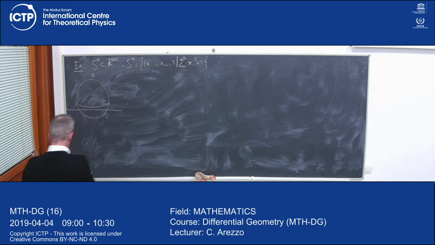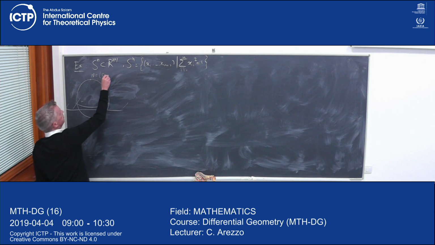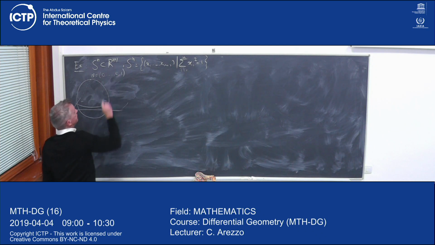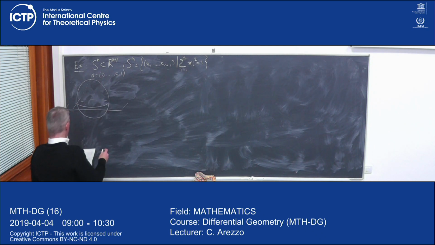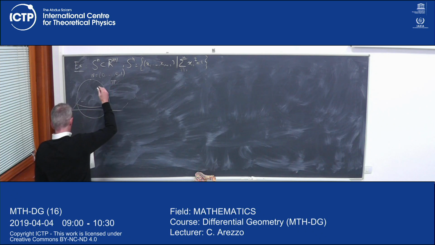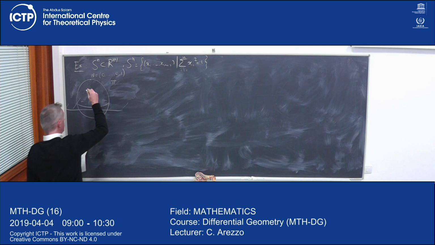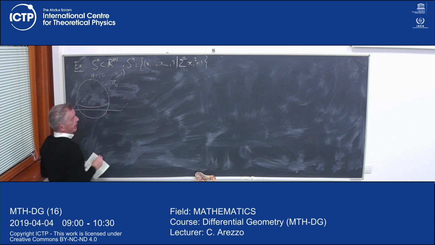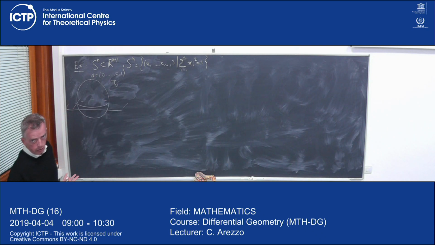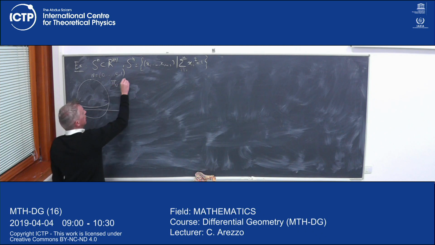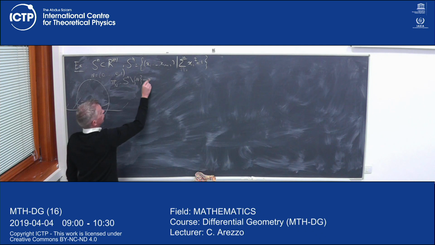So if I pick N, of course, the point (0, 0, 1), the stereographic projection, let me call it pi_N, the projection from the North Pole, is actually a map from S^n minus the North Pole to R^n.